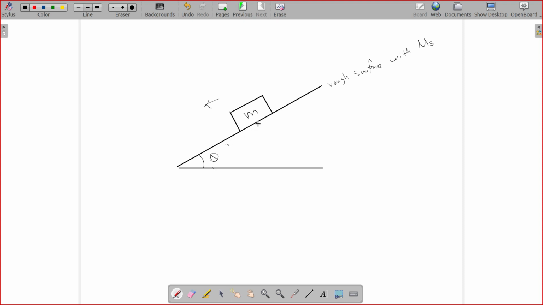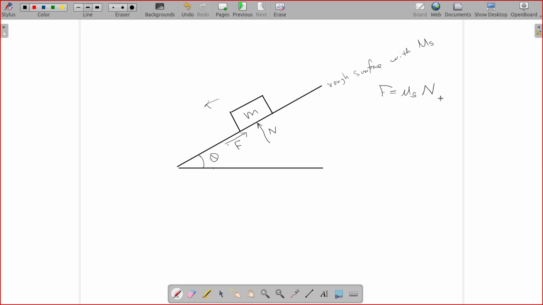So here you will have a normal force N, which is obviously normal to the surface, and F is the frictional force, and friction is equal to coefficient of static friction multiplied by normal force.